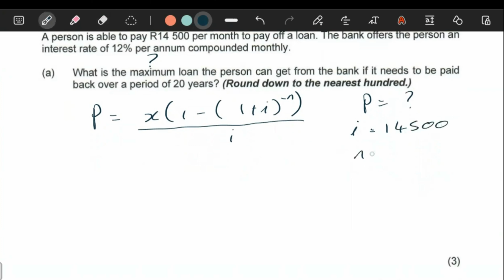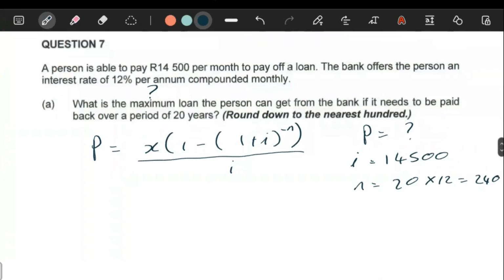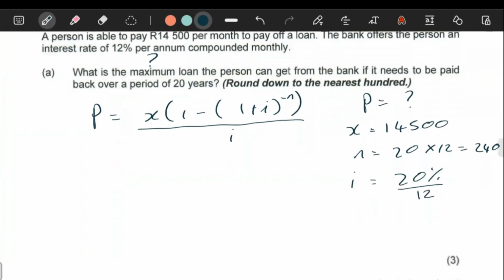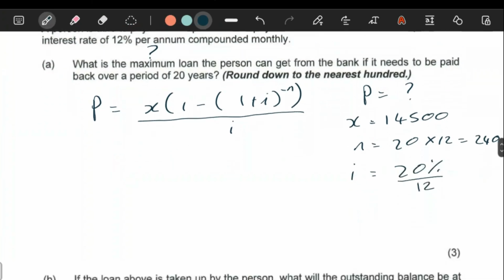The n is going to be 20 times 12, which is 240. And then what you see here, interest. No, bro. This is x. Come on, bro. Interest is 12% divided by 12. So since we're trying to work out a value of P, let's just throw everything into the equation.